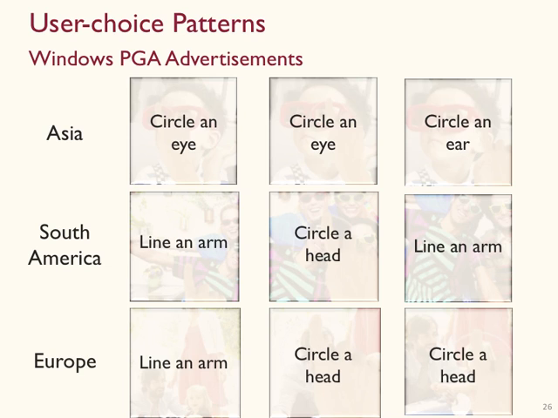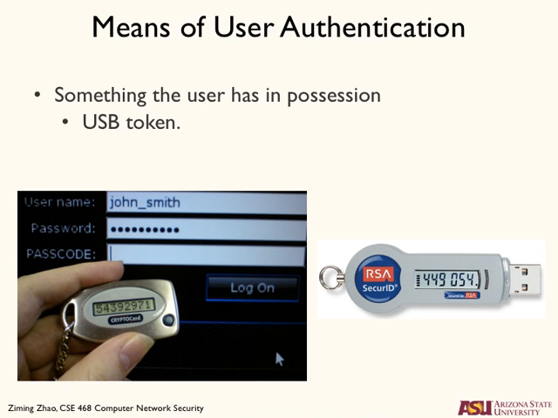So those kinds of authentication methods utilize a secret shared between you, the user, and the verifier. And there is another way of authentication, which is something the user has in possession. For example, it could be a USB token, or it could be your ID in real life. If you go to a bar, you use your ID to authenticate yourself. Something like a USB token is also widely used in the real world.